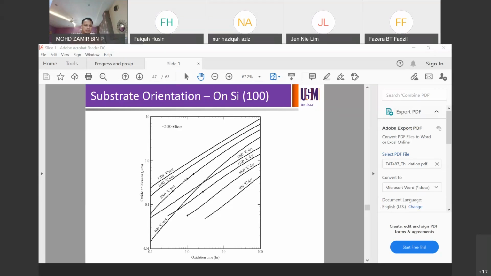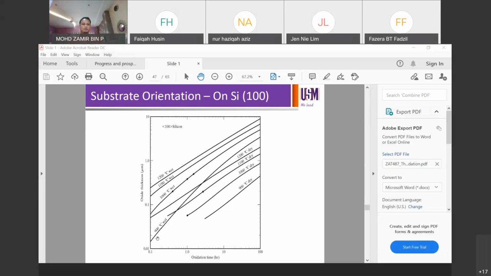You can't see it because... okay, hold on. 0.5. So where's 0.5? Here, right? 0.2, 0.3, 0.4. Yeah, 0.4 maybe. 1000 degrees C, right? So about 0.4.